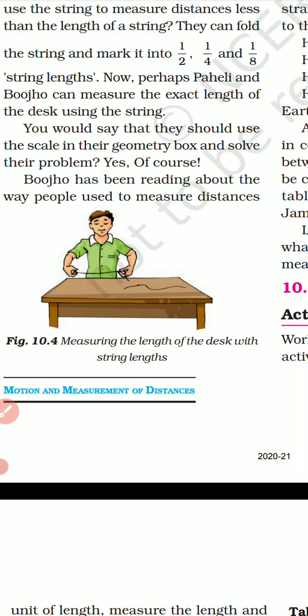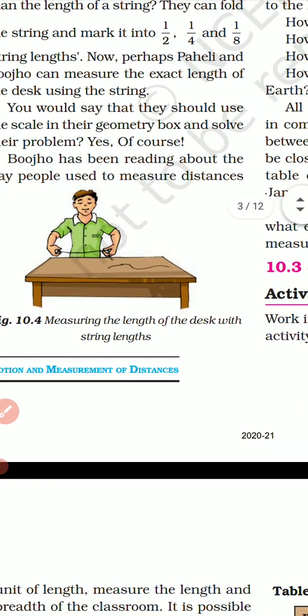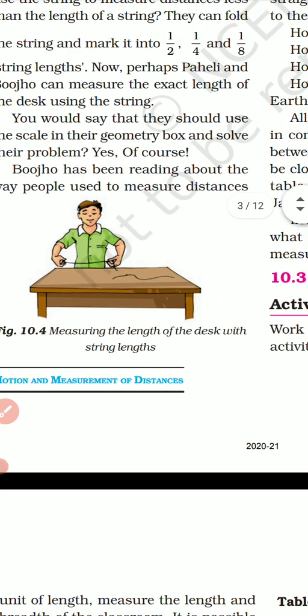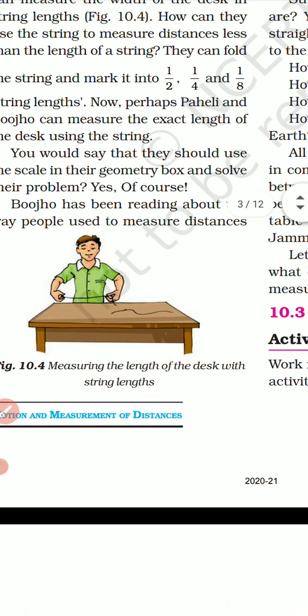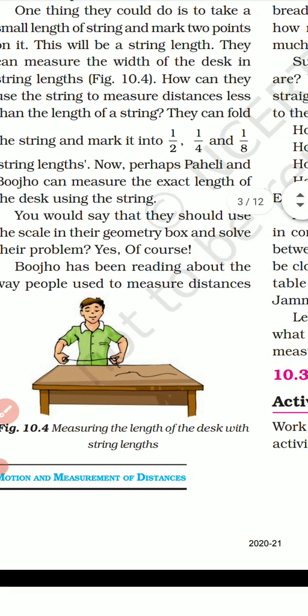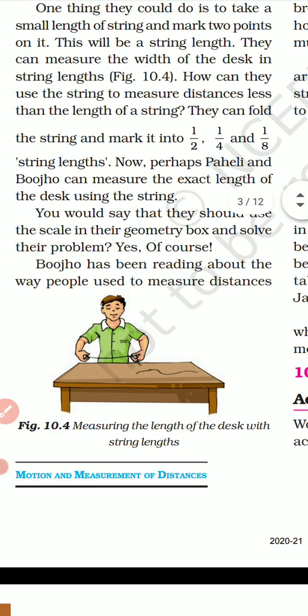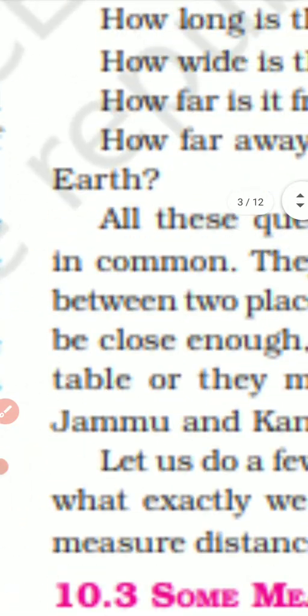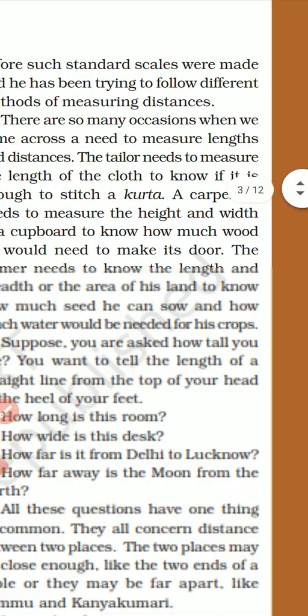Bujo has been reading about the ways people use to measure the distances. I know you would say, I skip. You would say that they should use the scale in their geometry box and solve their problems. Yes, of course. Okay, so they made it more complicated.